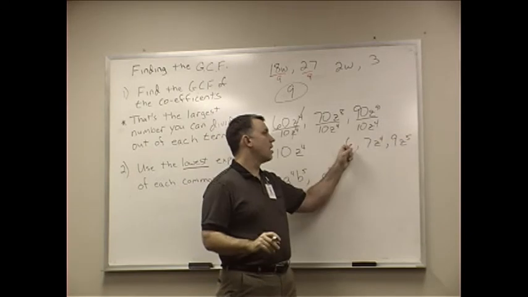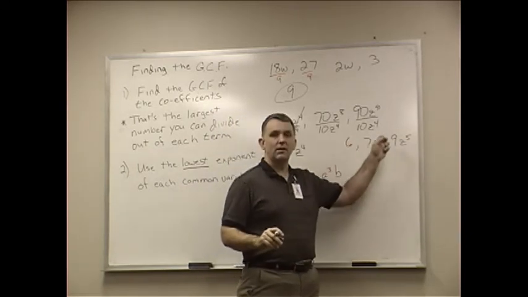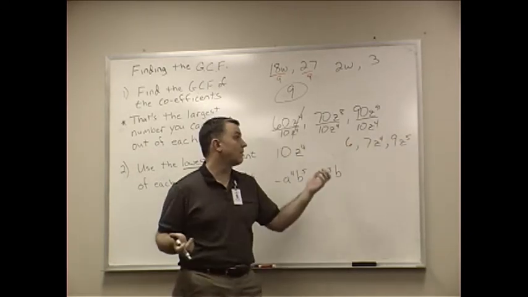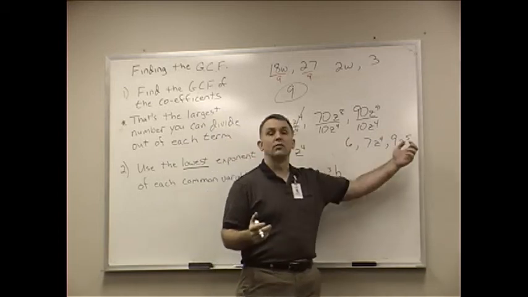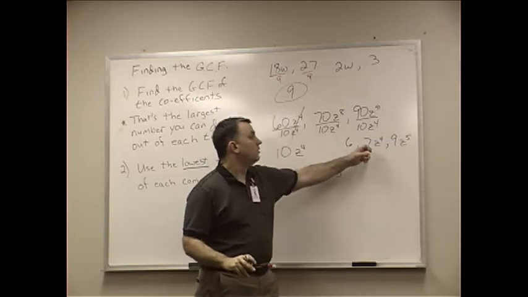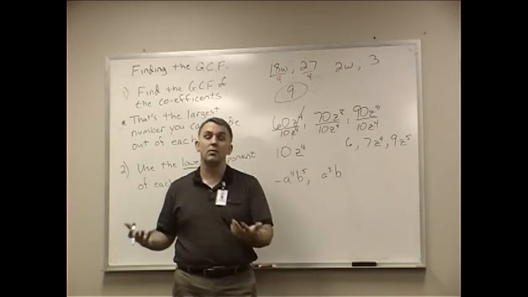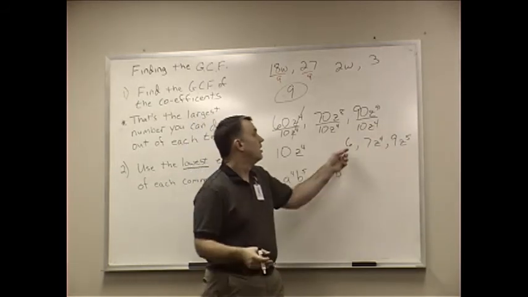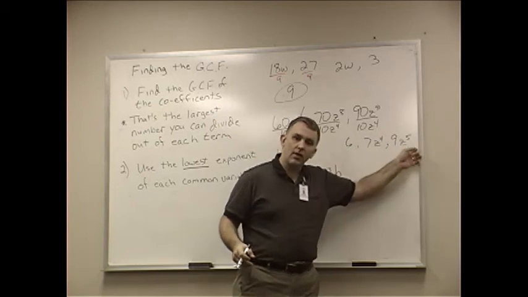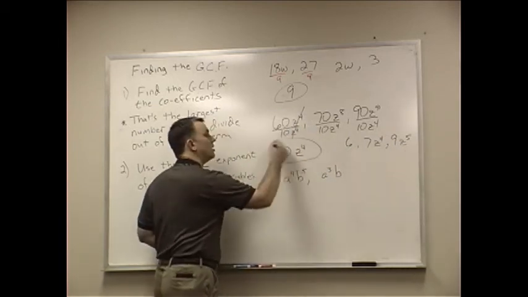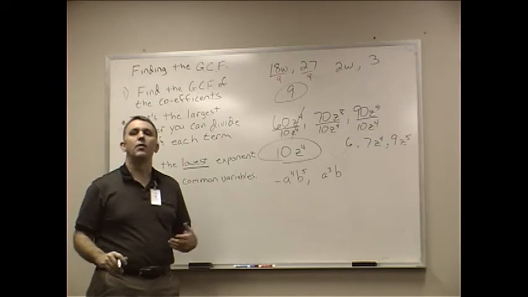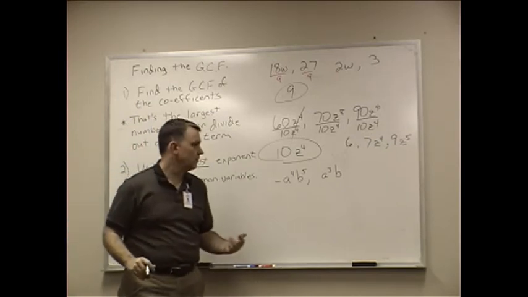Now look at this number-wise, 6, 7, and 9. Is there any number you can divide out of all three? The answer is no. Z to the 4th and z to the 5th, but this doesn't have any z's that we can divide out, does it? So since these don't have anything else we can divide out, 10z to the 4th is the greatest common factor.